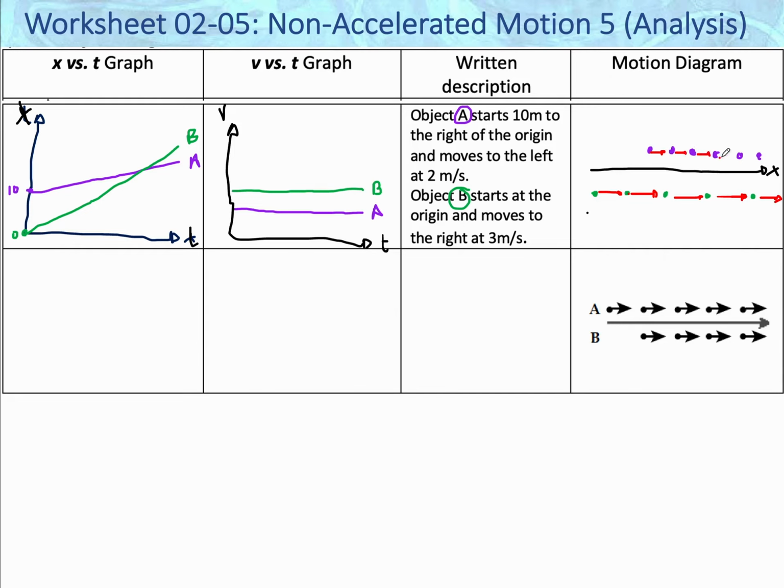And yes, I should label those as well. I hate switching colors back and forth, so forgive me. I'm just going to write this one as B, and this is A. And you should be able to figure out this one. What's happening here? A starts at the origin, B starts further out, but they're moving at the same velocity. And you should be able to graph those pretty easily.